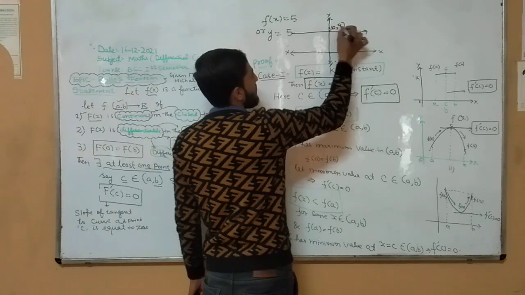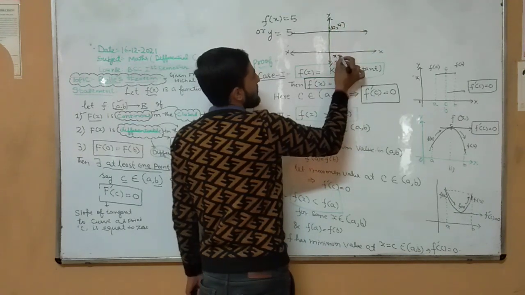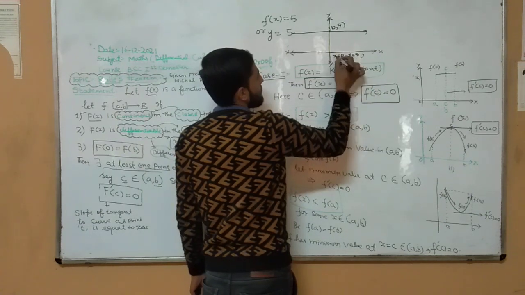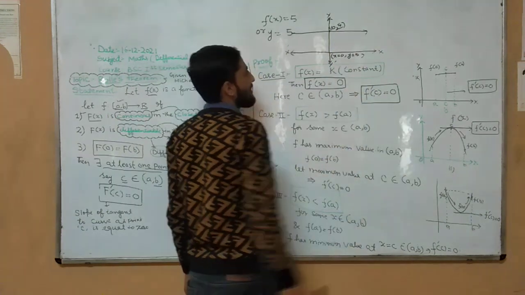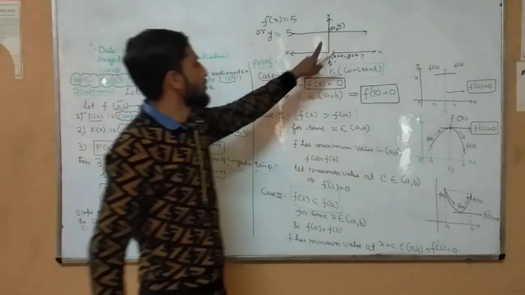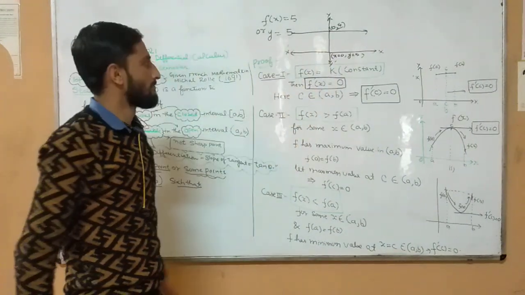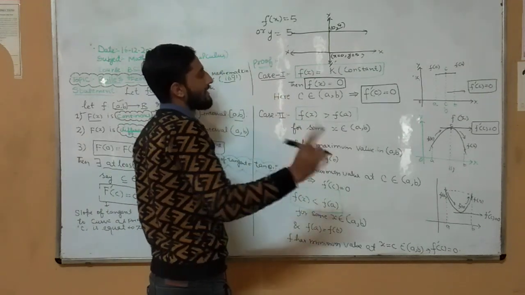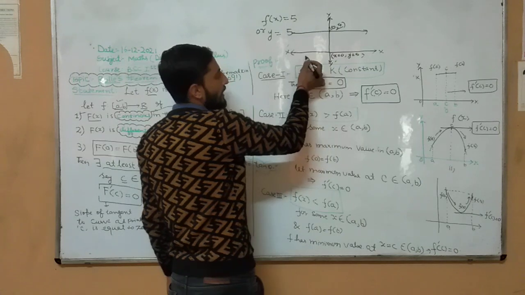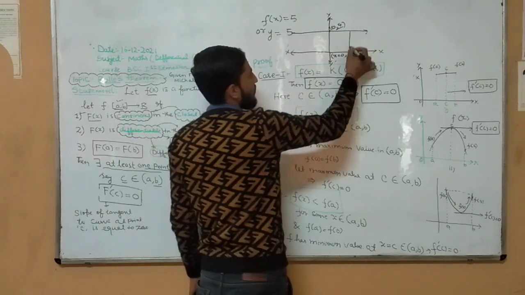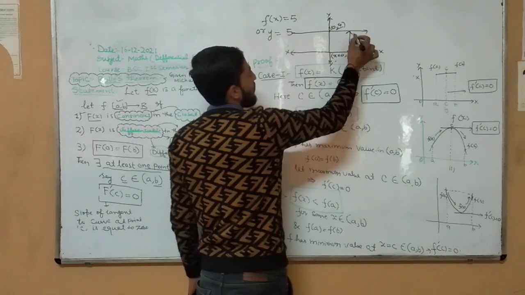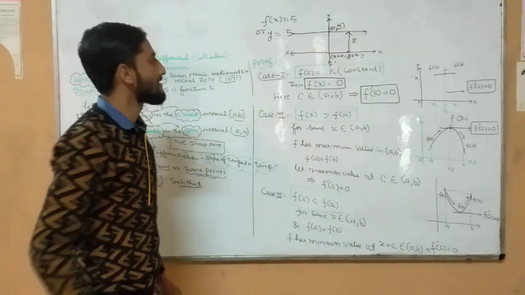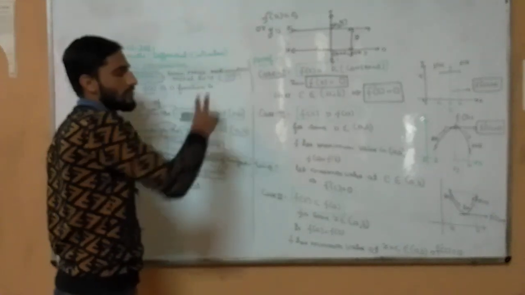It means here x is equal to 0 and y is equal to 5. Now the question arises: for negative values of x and positive values of x, y remains the same in the constant function.